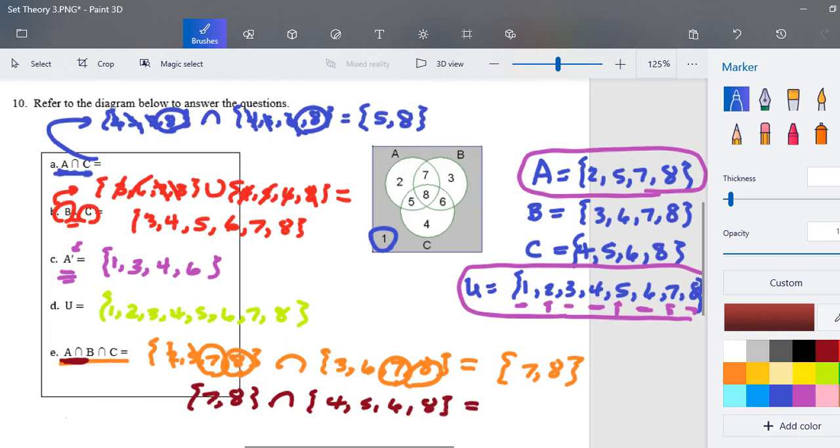And again, it's got to be in both. 7's not in both, 8 is, and we are done. The intersection of A with B with C, the only thing they have in common is an 8. So this concludes some information on what you need to know for our next test pertaining to set theory.